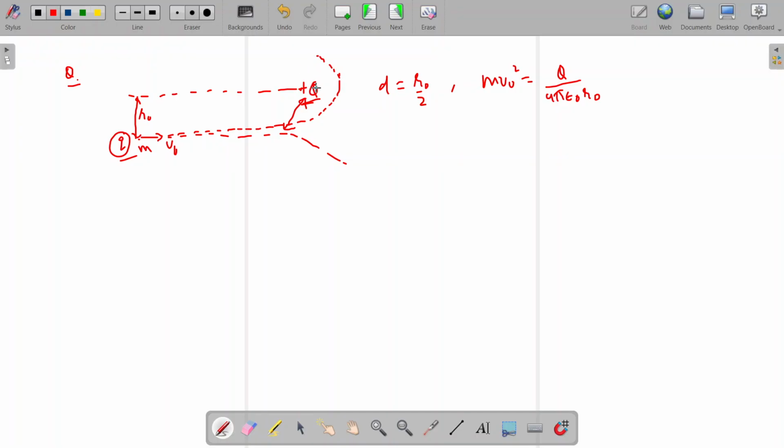At the time the charge approaches the perihelion of its orbit, the velocity is some v, and that distance d is given to us as r naught by 2.